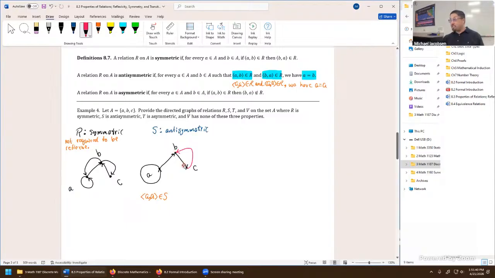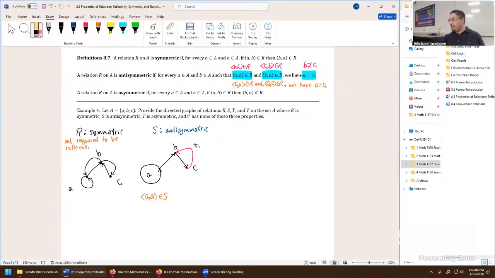So I can't have B related to C, and then C going back to B, because B is not the same element as C. So this arrow right here breaks antisymmetry.